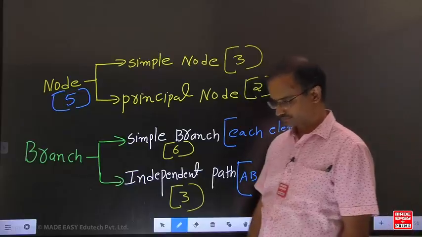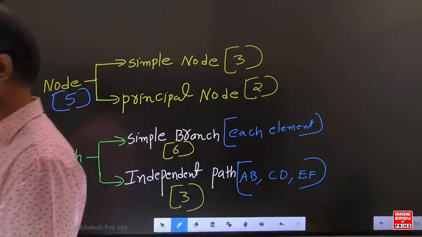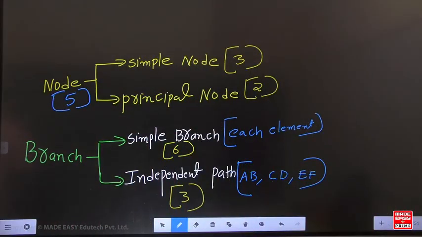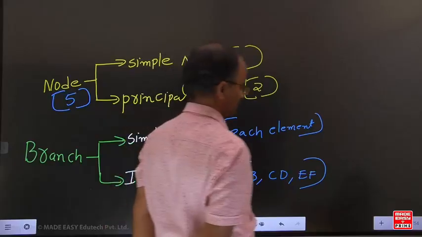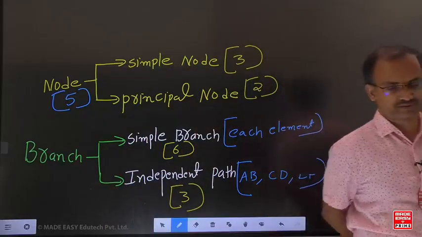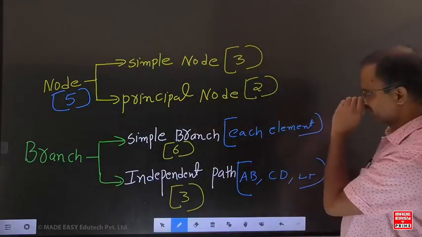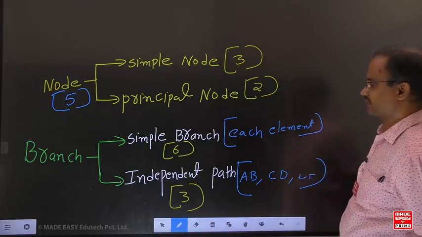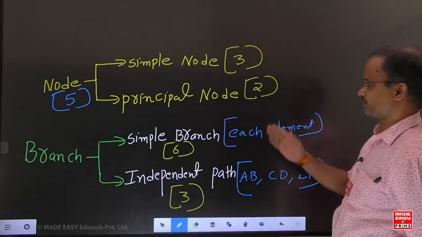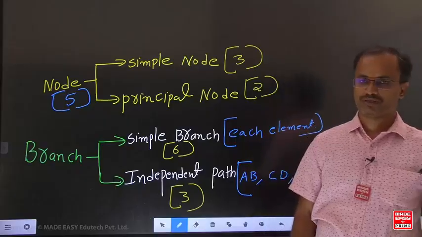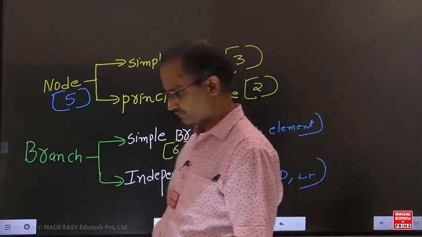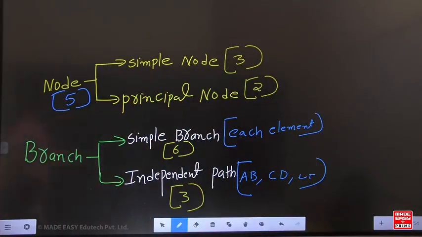Next point. When more than two elements are connected together, then the common point is known as a principal node.